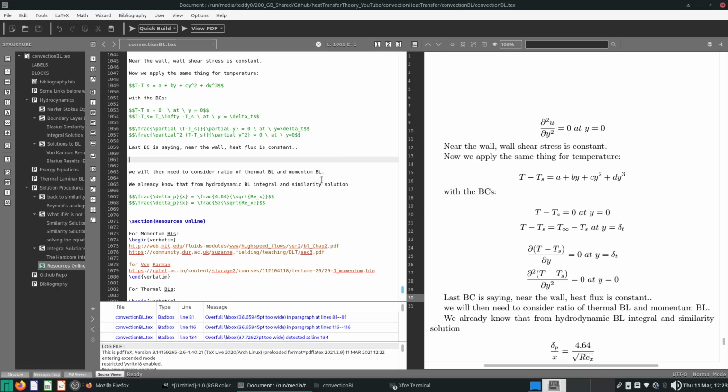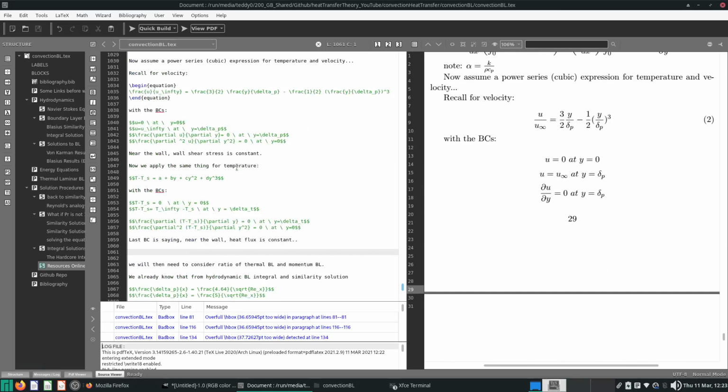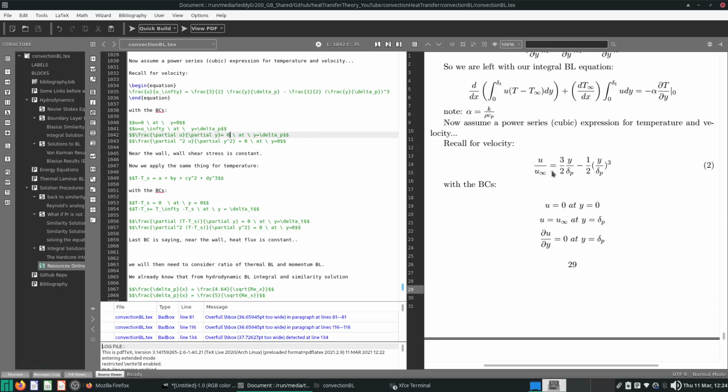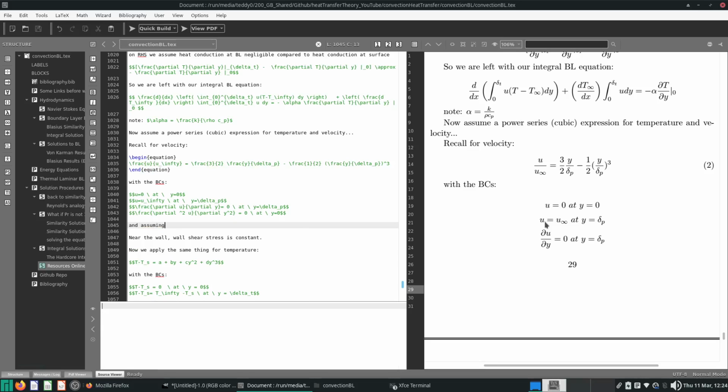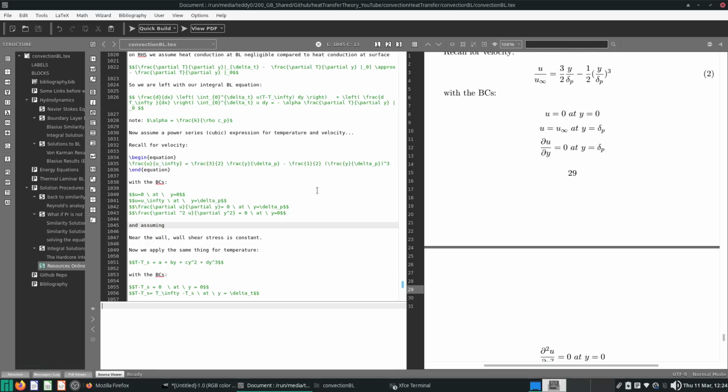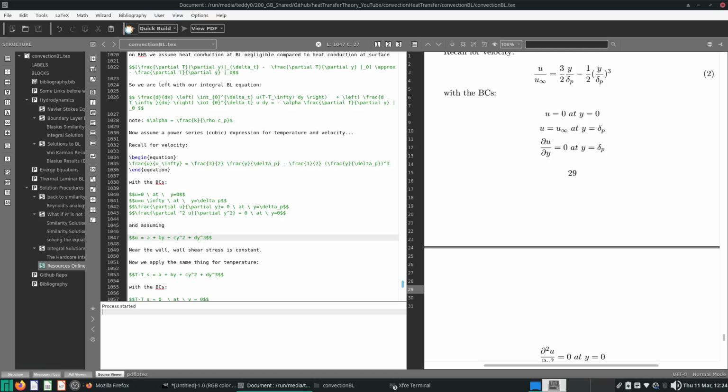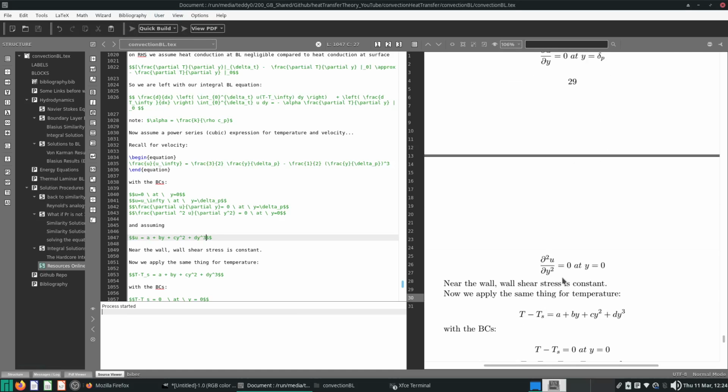Okay, let me do it again just for clarity. So okay, we got this expression over here for the velocity, using these boundary conditions, and assuming u equals a plus by plus cy squared plus dy cubed.